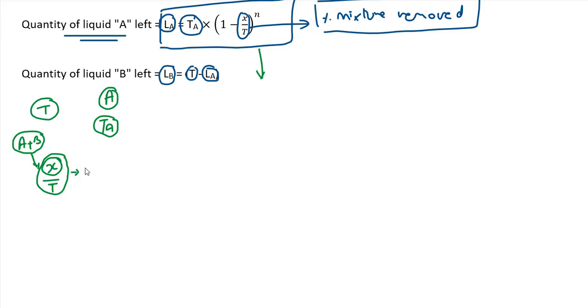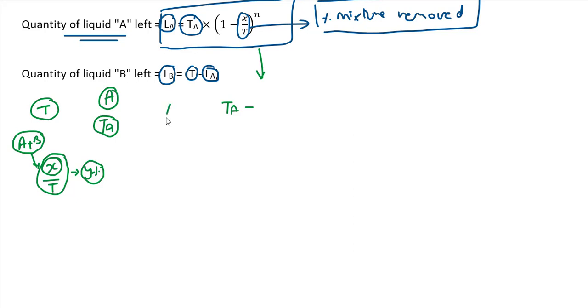Let us call this Y. So we are removing Y percentage of the mixture. So since the total quantity of liquid A initially is TA, from this we are removing Y percentage of the total mixture, hence we are removing Y percentage of the liquid A as well.